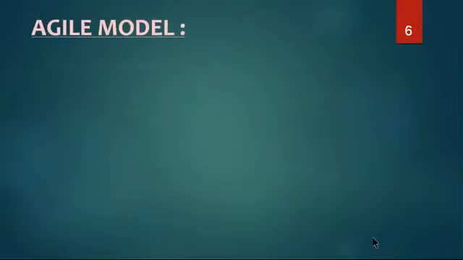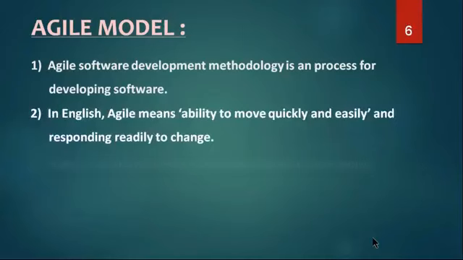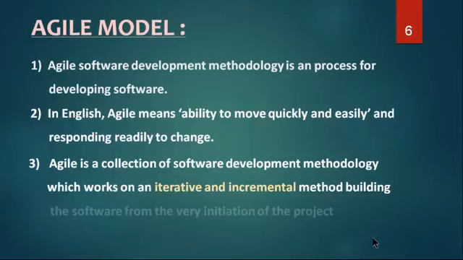But what is the agile model? Agile software development. Agile is also for software development. It is a methodology, a process for developing software. Agile is an English word, and its meaning is the ability to move quickly and easily and respond readily to change.